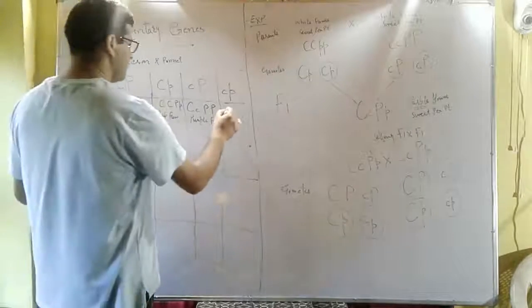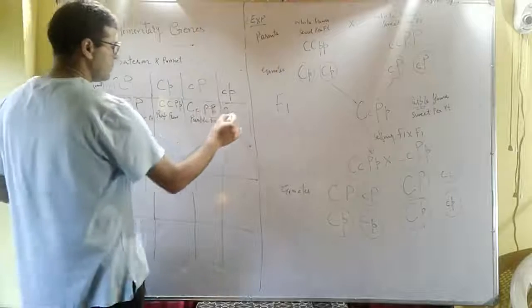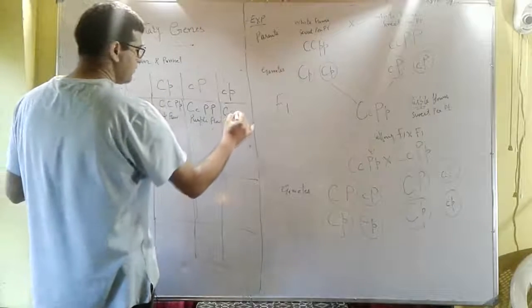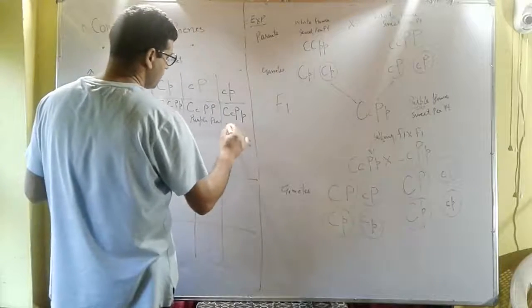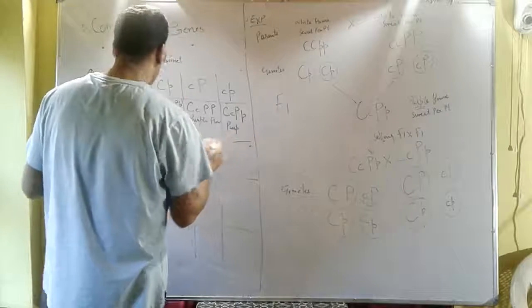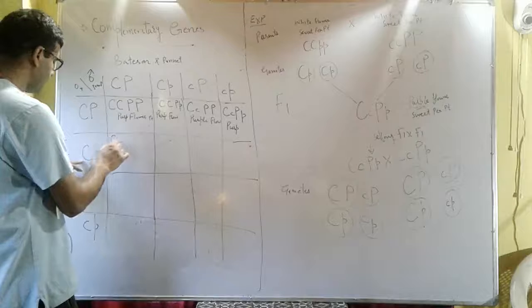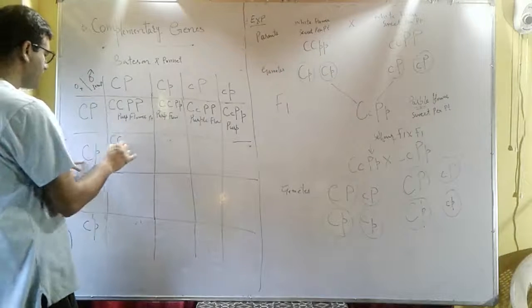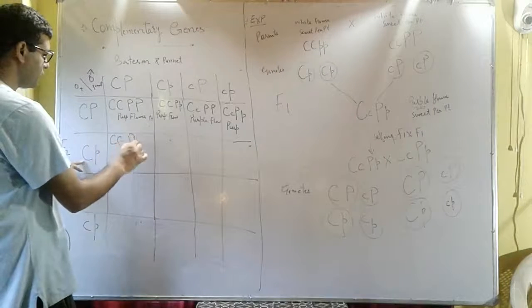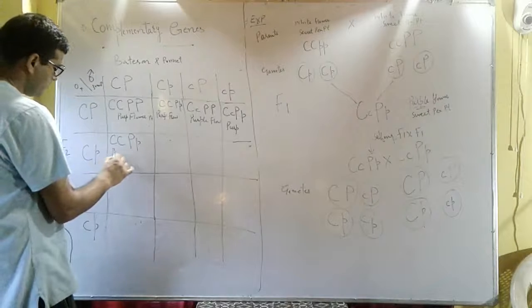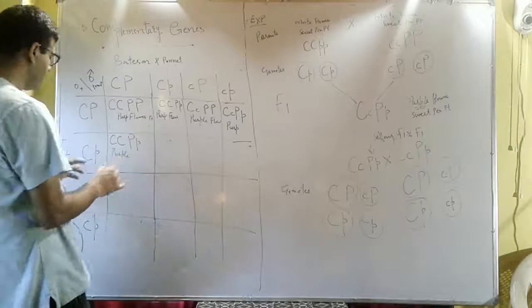Then we have capital C, small c, capital P, small p. This is also a purple flower sweet pea plant. Then we have capital C and capital P, small p. This is also a purple flower sweet pea plant.